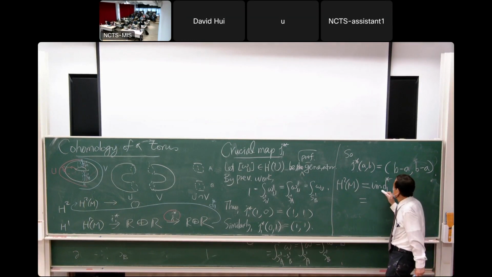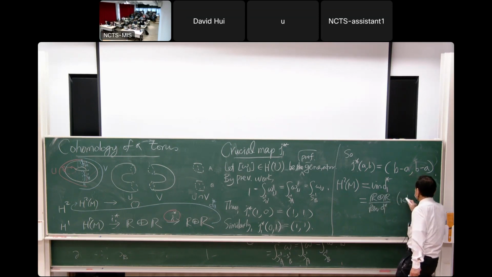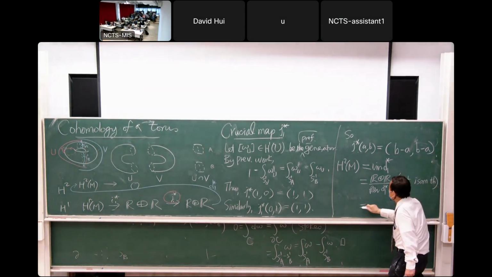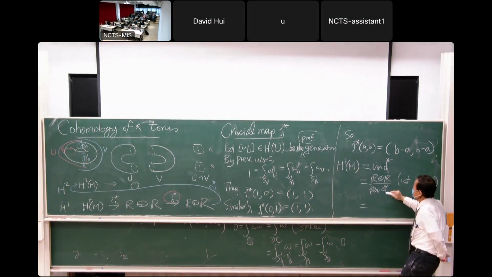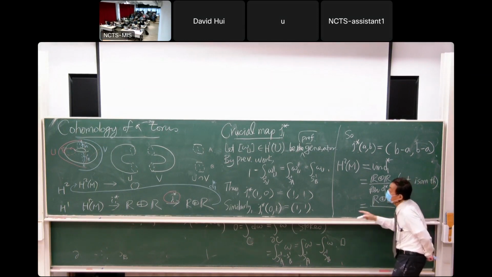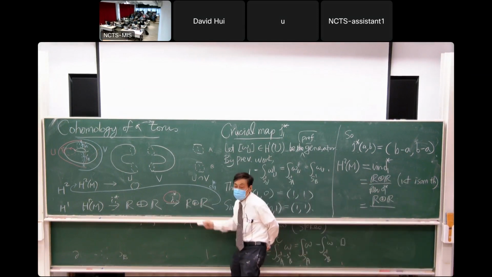And the image of D1 star is the domain over the kernel of D1 star. Okay, that's the first isomorphism theorem. But the kernel of D1 star is the image of J1 star.